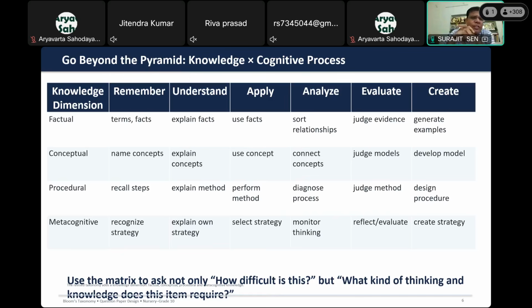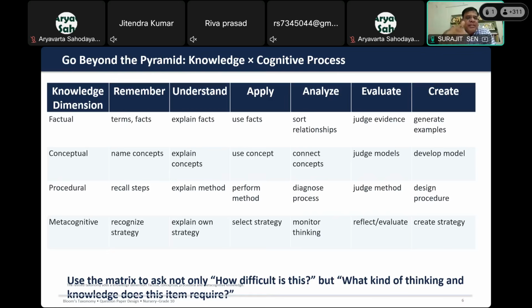We can also ask on what basis you think that this is the result of this type of thing, so they will give you judgmental evidence. And on the basis of facts, we can also ask them to generate new examples, not exactly everything from the textbook. That's important.